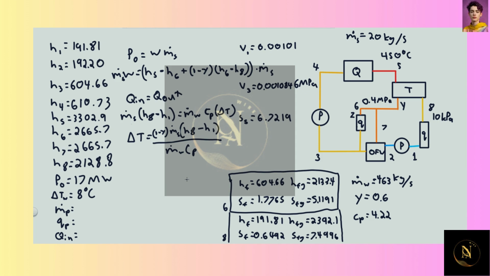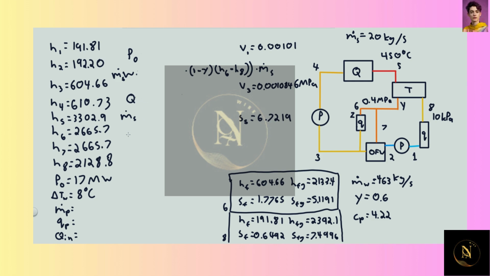Okay, next the mass flow rate through the process heater. We can calculate this by calculating how much steam needs to go to the open feedwater heater in order to heat the water enough that it comes out saturated, because that's what the open feedwater heater does. So once again, we're going to be looking at our conservation of energy.